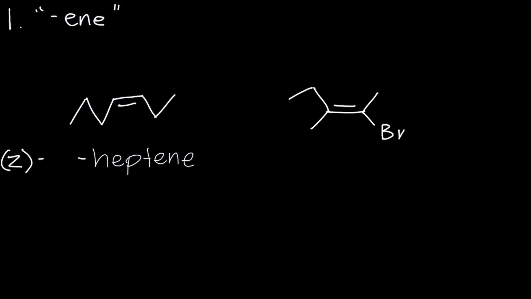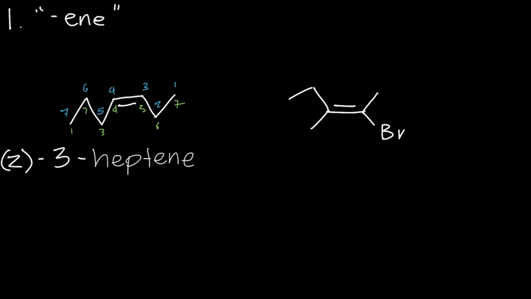Now I have to specify where the double bond is. So I can either have it on 1, 2, 3, 4, or I can have it on 3. I want it on the smaller number, so I'm going to go according to the blue numbering. So it's going to be Z-3-heptene.